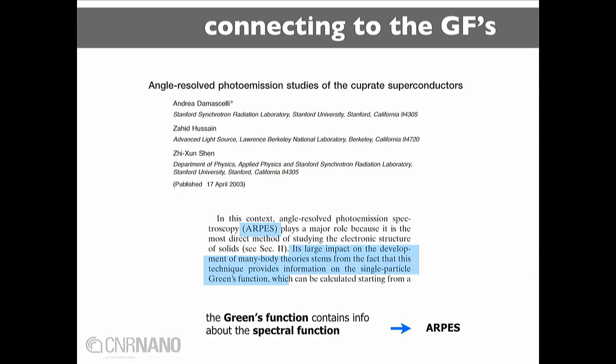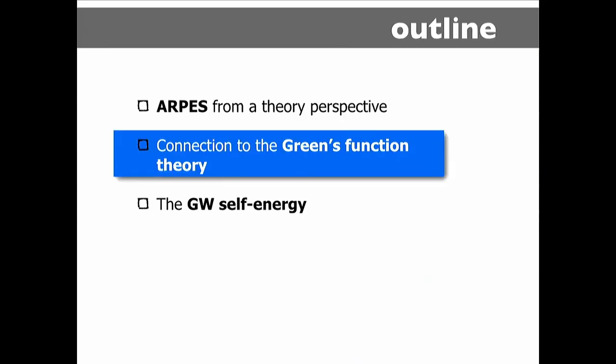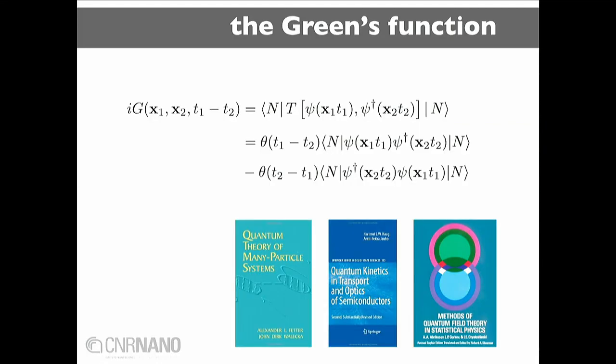So that discriminant between charge and neutral excitation is exactly because theoretically those lead to very different methods. Okay, so let's go further in the connection with the Green's function.